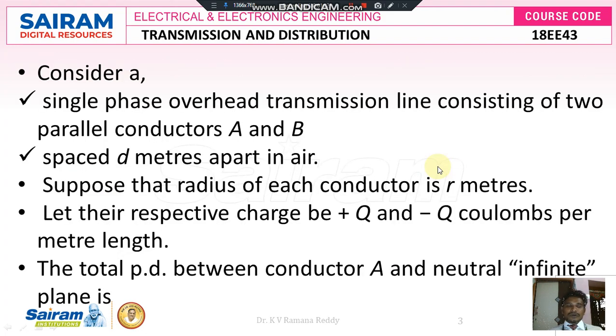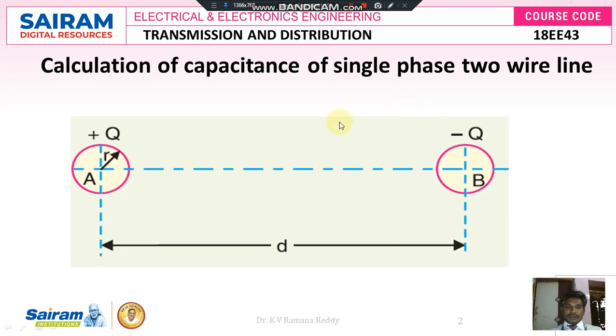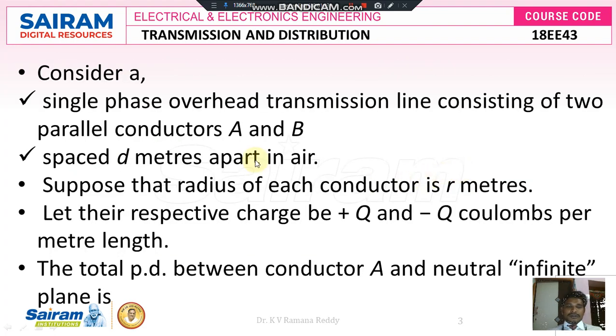So now we are going to calculate the capacitance for the given two conductors. Let us consider a single phase overhead transmission line consisting of two parallel conductors A and B, having positive charge plus q at conductor A and negative charge minus q at conductor B. These two conductors are d meters apart in air, because it is placed in overhead transmission lines.